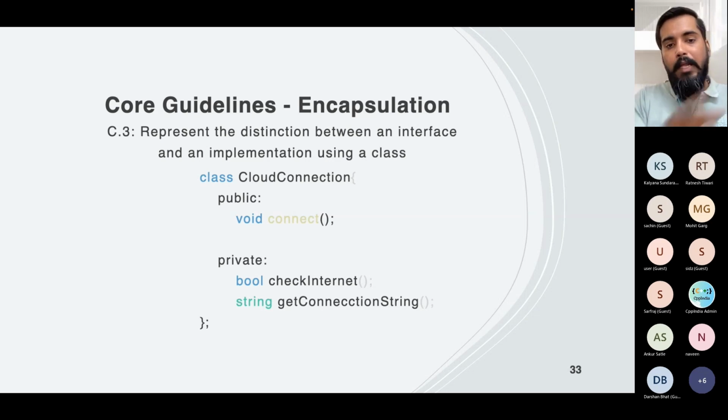But as a user of this cloud connection, that user need not worry about all those things. It will just say, hey, just connect me. So by making the connect method public, and check internet and get connection private, I'm making sure the interface and implementation are distinct.